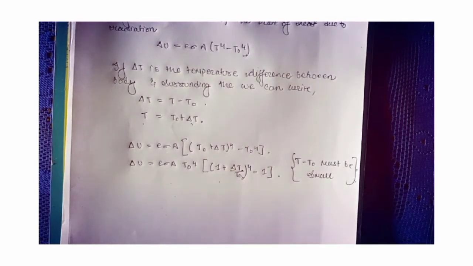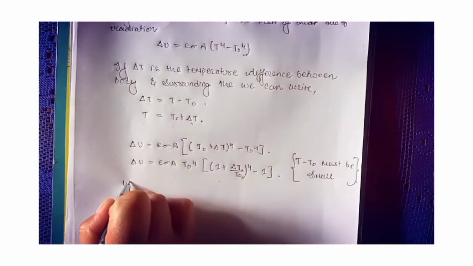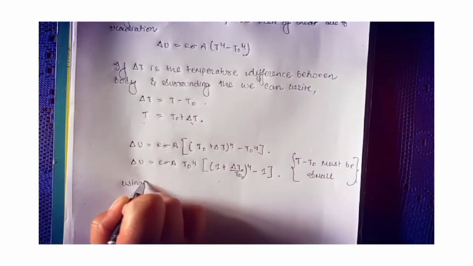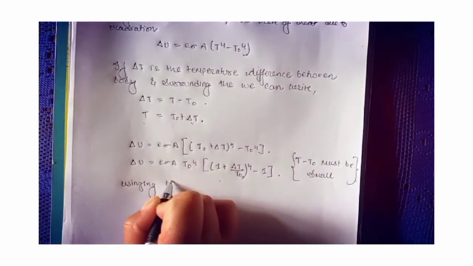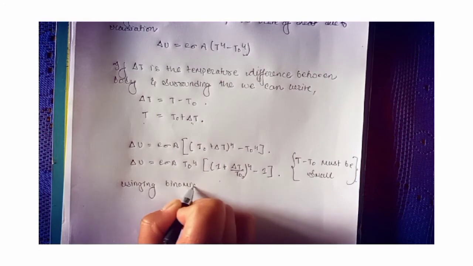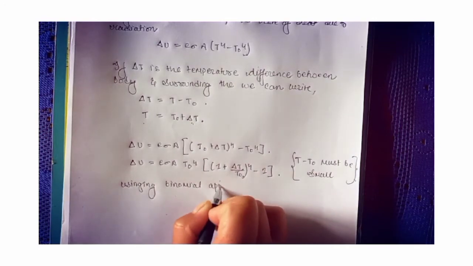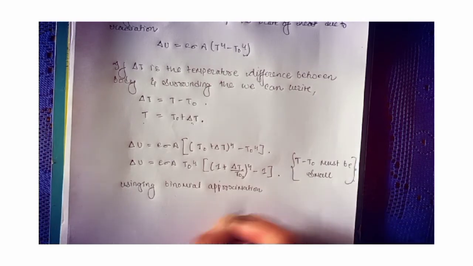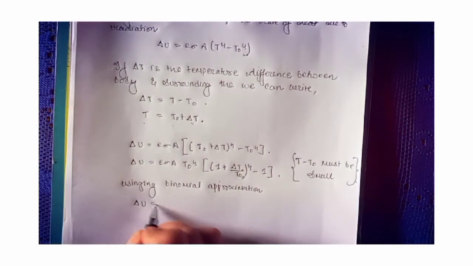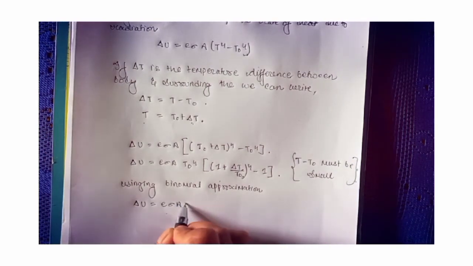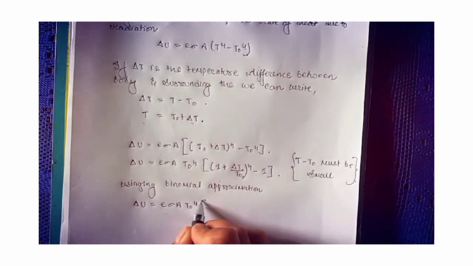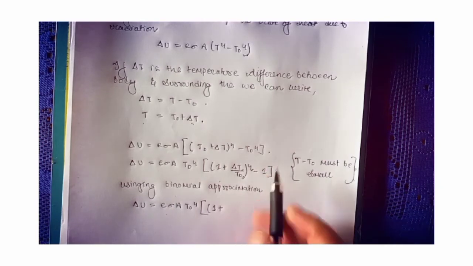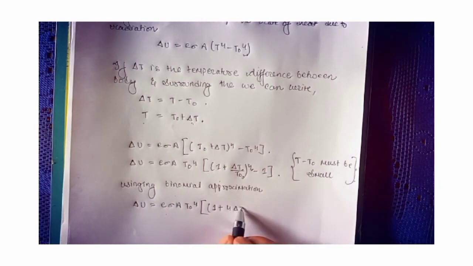So using binomial approximation, we have del U is equal to E sigma A T naught to the power 4, this power 4 gets multiplied over here.